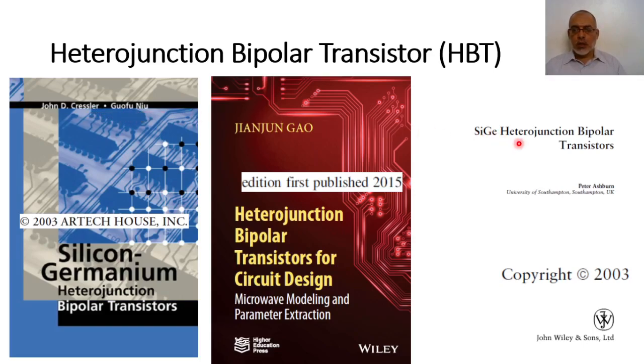Another similar textbook with nearly the same title is Silicon Germanium Heterojunction Bipolar Transistor by Peter Ashburn, published by John Wiley in 2003 too. So these two books were published in the same year.